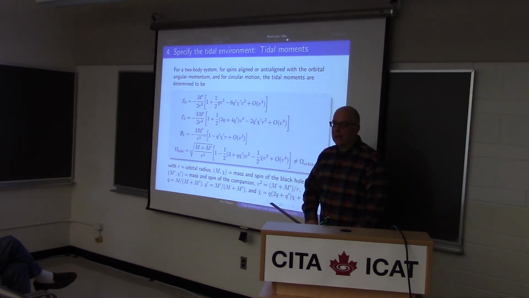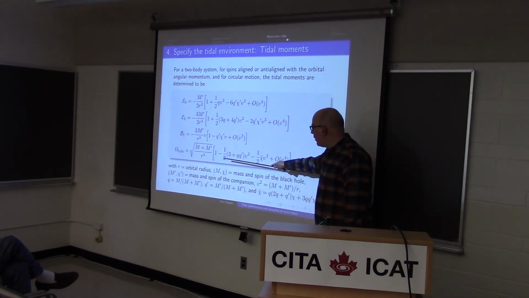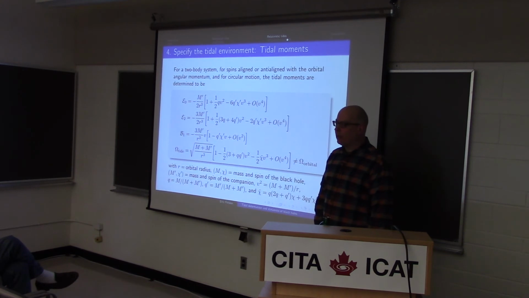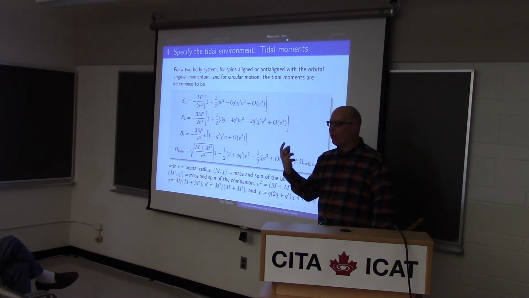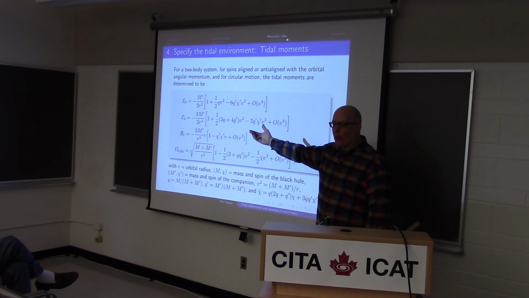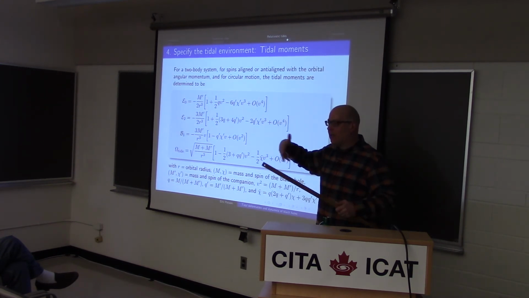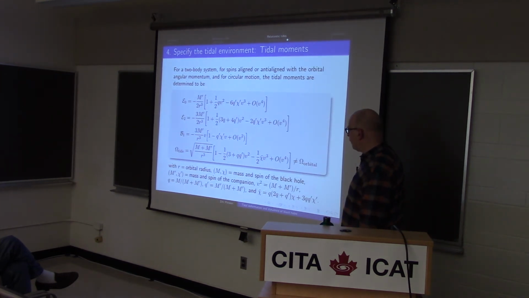I can also calculate the angular velocity of the tidal field itself. I have a complicated expression for this. What I wanted to point out is that it doesn't match the orbital angular velocity for two reasons. We're looking at the time variation in the moving frame of the black hole, and the time coordinate in that frame is not the same coordinate that I would use in the barycentric frame of the two bodies. So relativistic time dilation will create a mismatch between the two angular velocities.